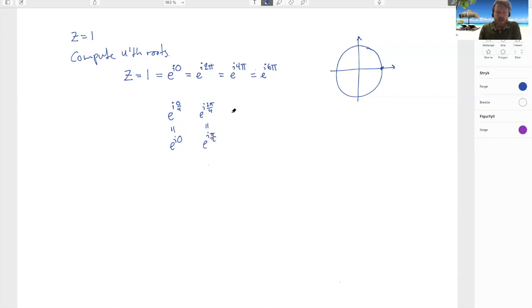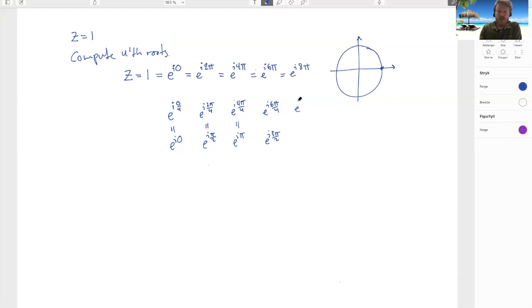And here I get e to the i 4 pi divided by 4. This is e to the i pi. And here I get e to the i 6 pi divided by 4, which is e to the i 3 pi divided by 2. And let's even do one more here, 8 pi.